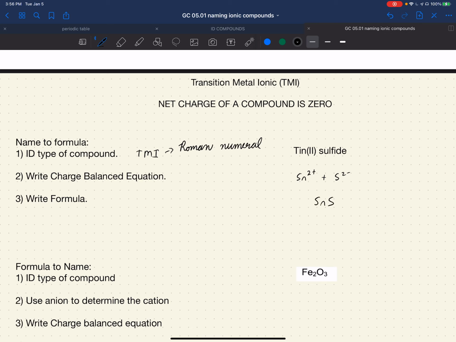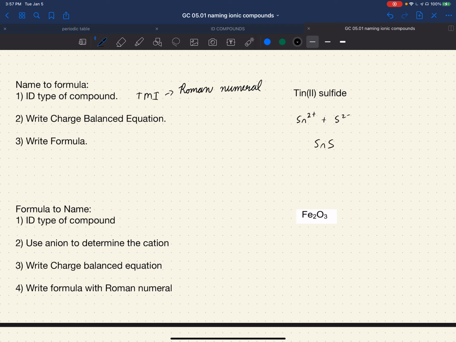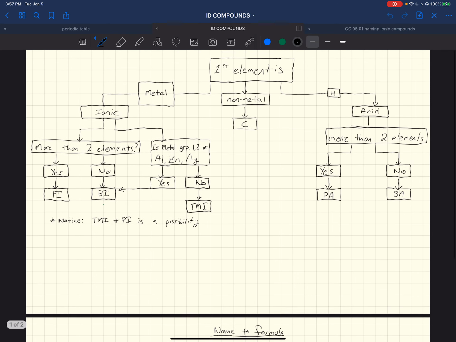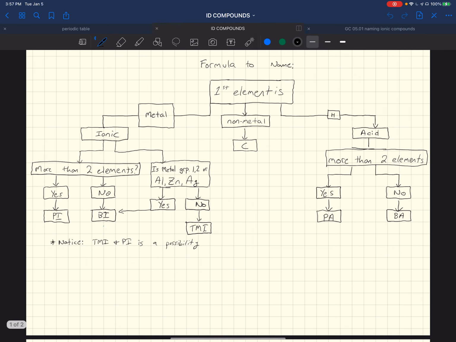So how about Fe2O3? Okay, the first thing that we have to do when we're going formula to name is identify the type of compound. Now, Fe is a metal, that's iron. So we start with a metal. Are there more than two elements?